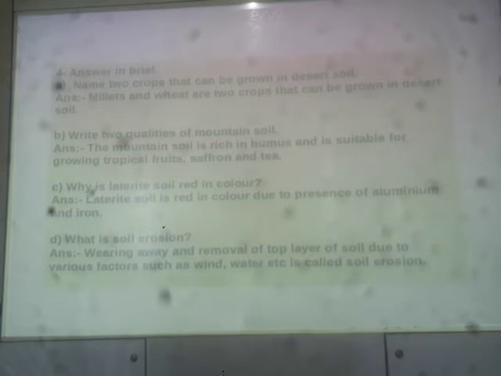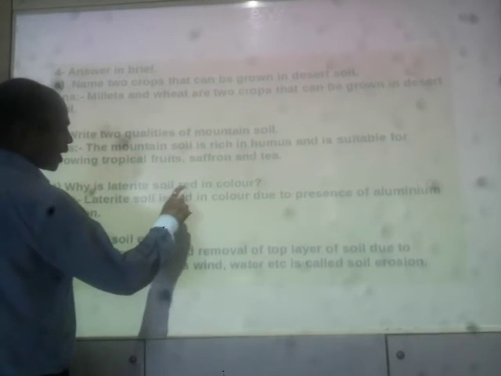Another question, why is laterite soil red in color? What is the reason? Laterite soil is red in color because of the presence of aluminium and iron.